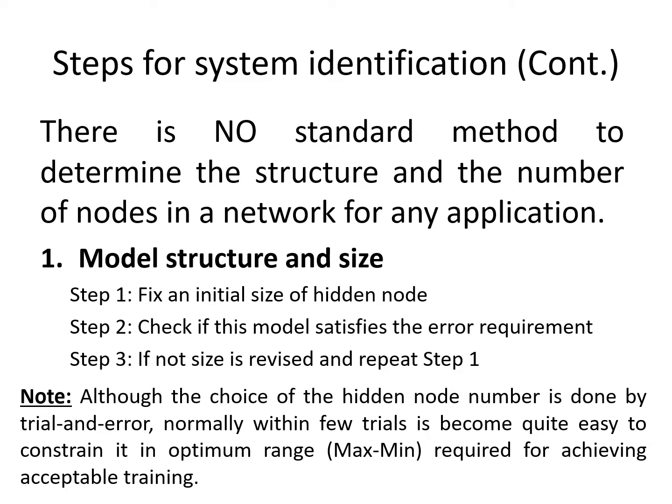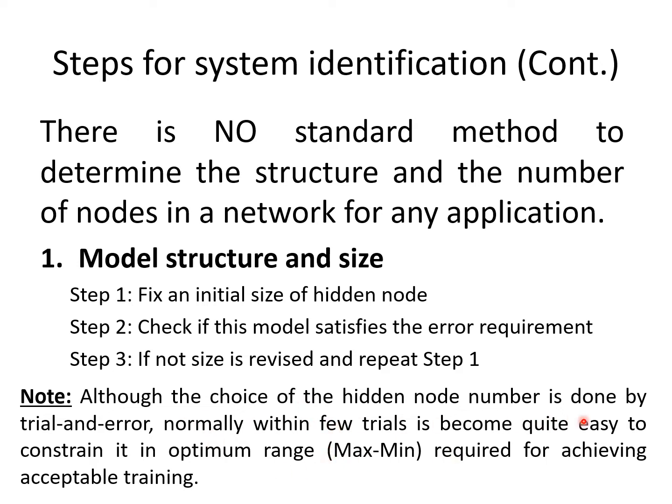Once it satisfies the error requirement, then we can basically consider it as the network that we want. If it does not satisfy, then we have to start using another set of topology and keep on repeating the steps that we'll show later.